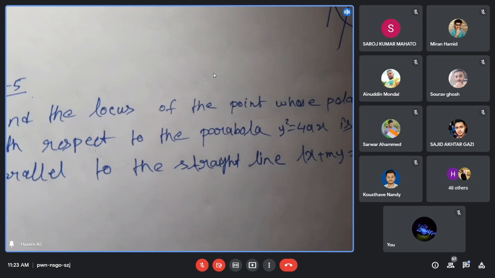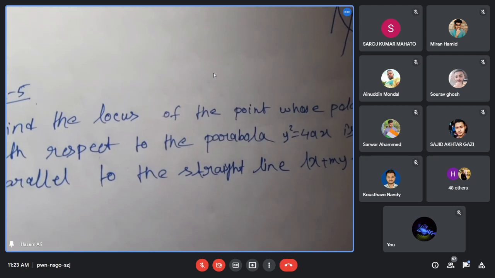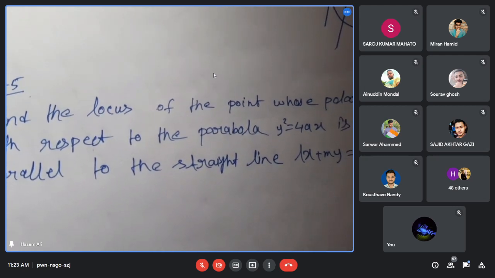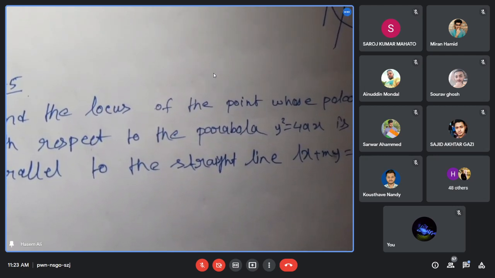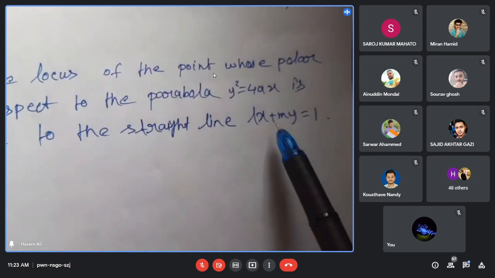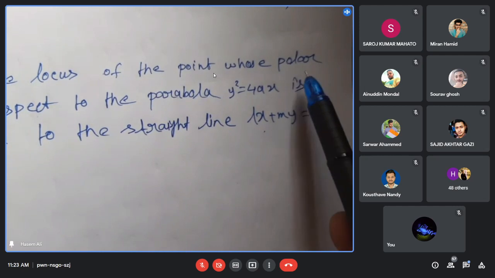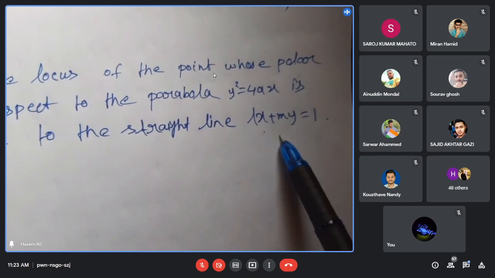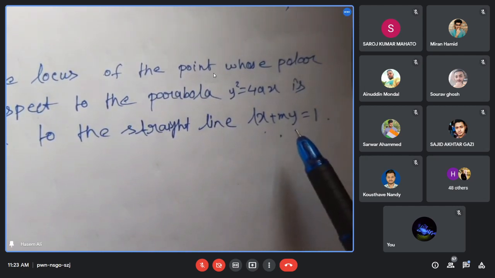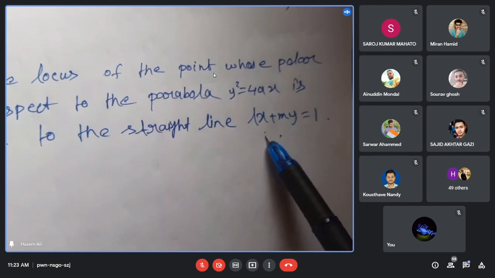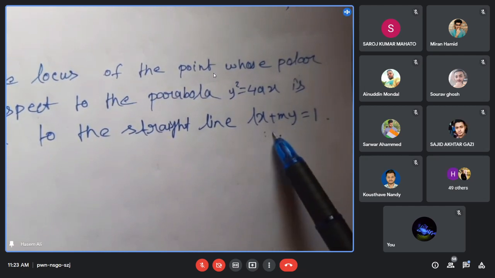So we have to find the locus of the pole, and the polar is not given directly, but it is given that the polar is parallel to this straight line.